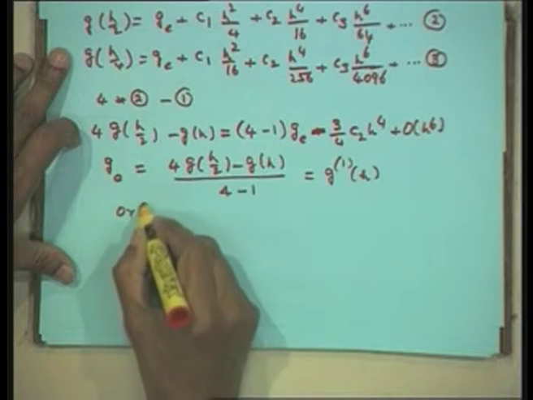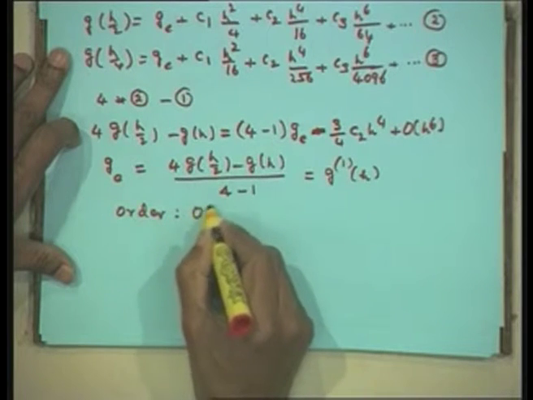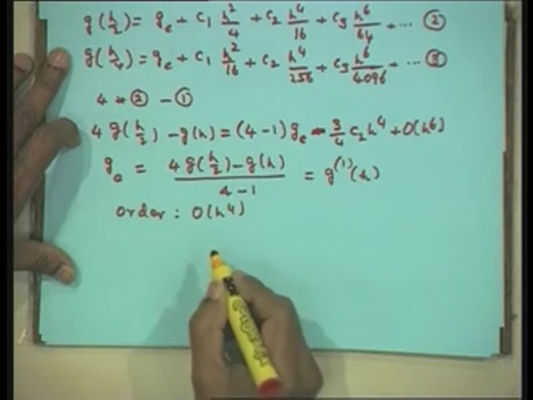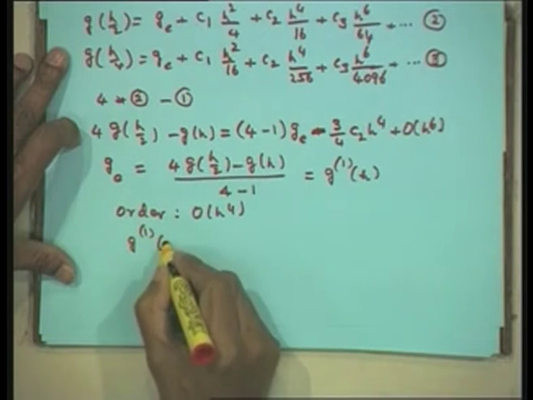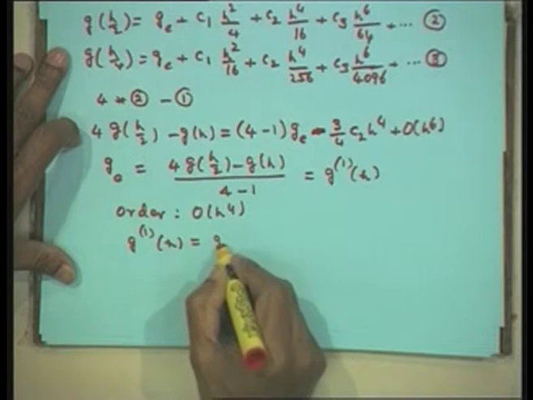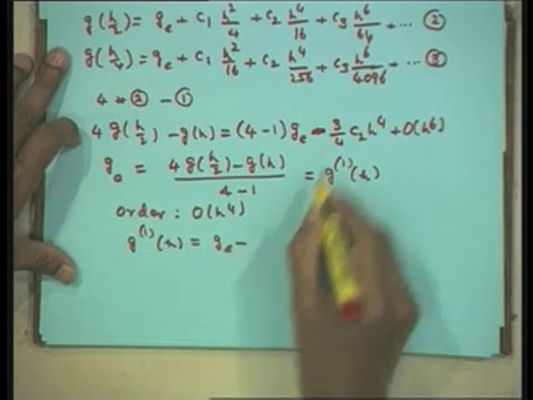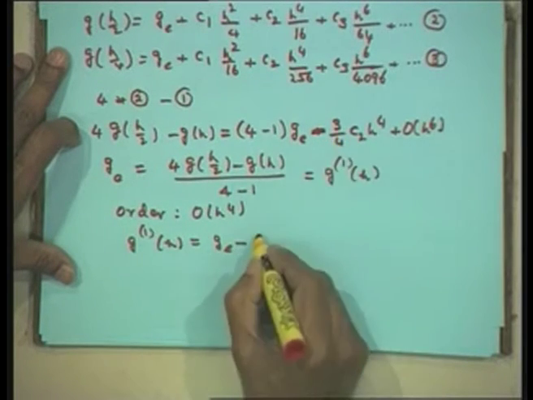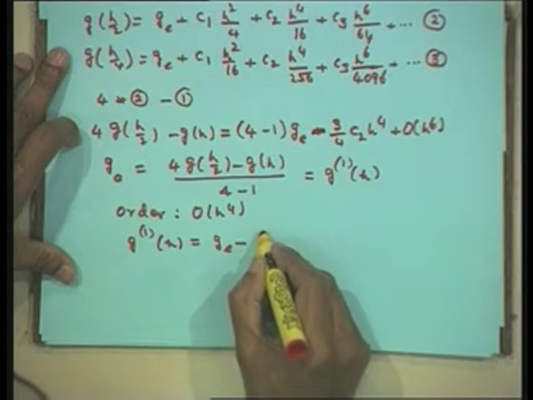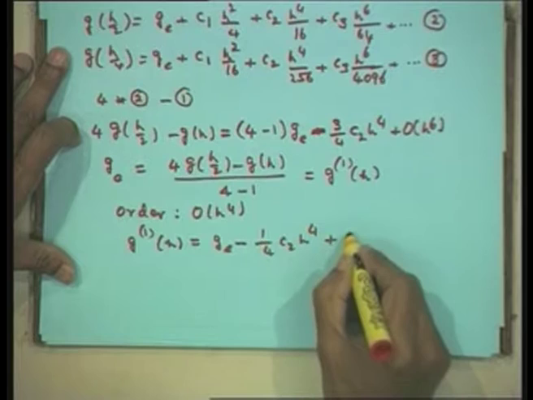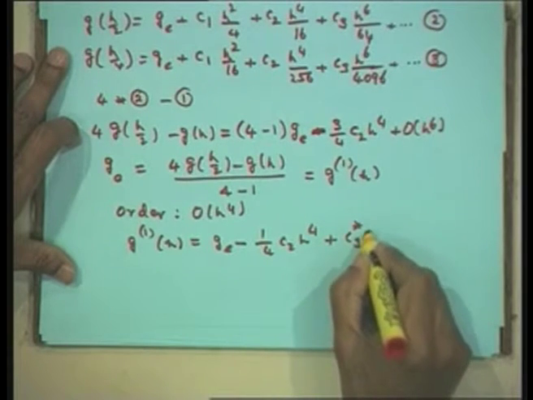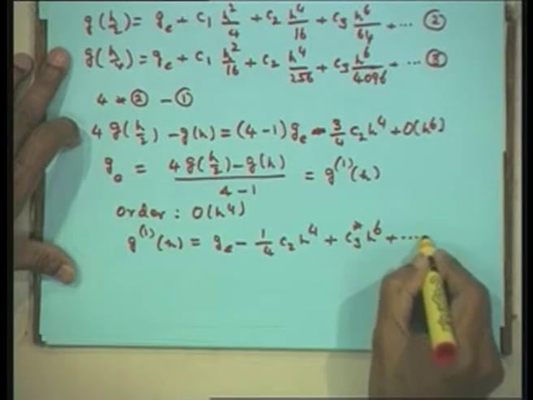Therefore, this value is of the order of h to the power of 4. Hence, I can write G1 of h is equal to G E minus 1 divided by 3, times 1 by 4 C2 h to the power of 4 plus some C3 star h to the power of 6 plus so on.